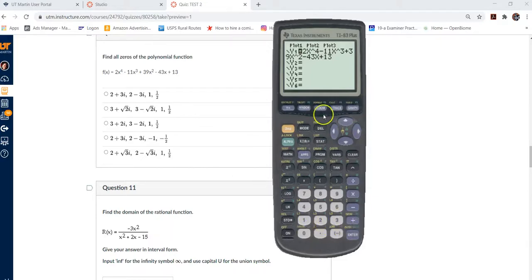And let's try zoom 6. Okay, so I'm going to need to adjust this window. And let's press graph.